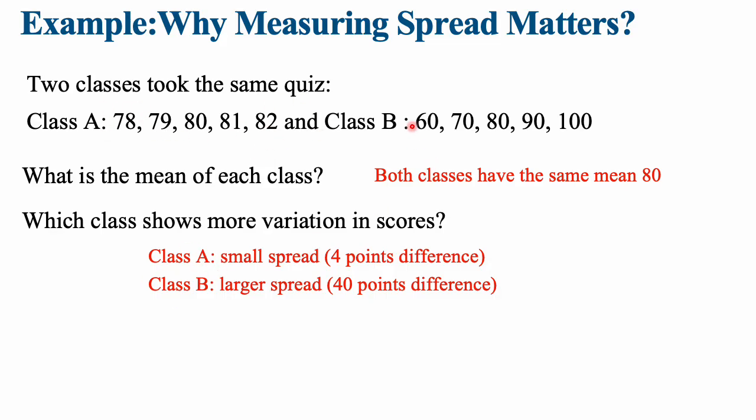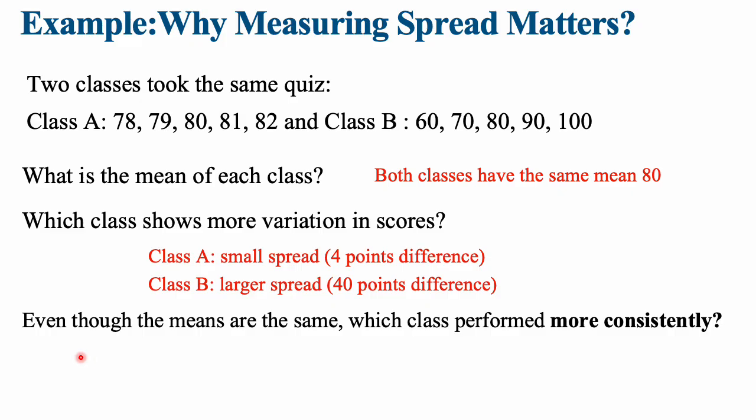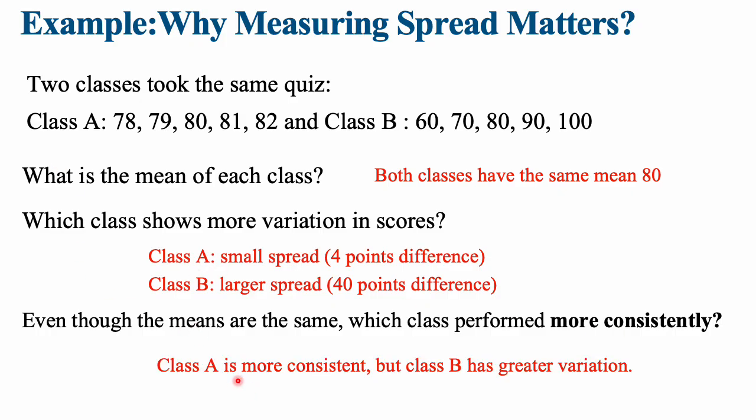Class B has a largest difference, 60 to 100, that's a 40-point difference. So even though the means are the same, which class performed more consistently? As you see, class A is more consistent, but class B has great variation. That's what we're going to measure: spread.